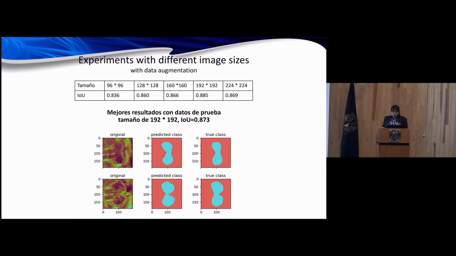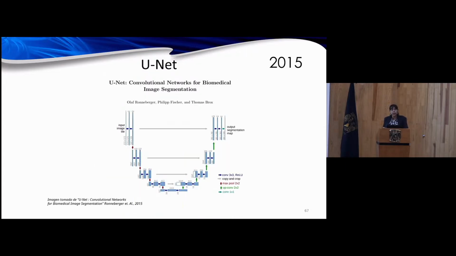And after using the CNNs, then in 2015 came the UNet by Ronneberger et al. I really like this network, because it has lots of concepts of computer vision.